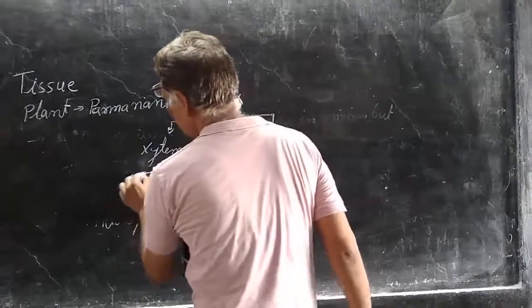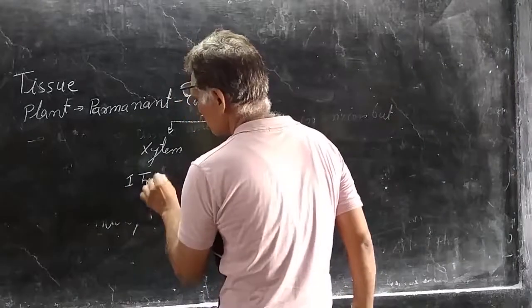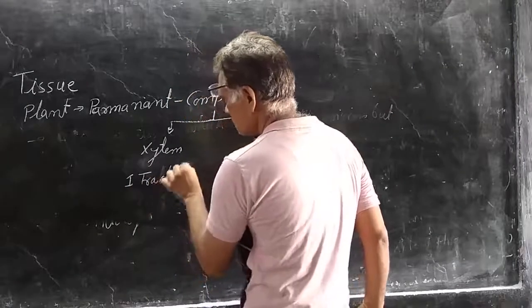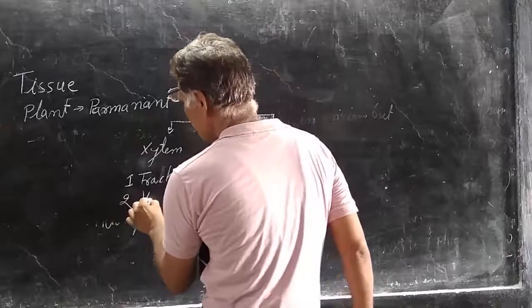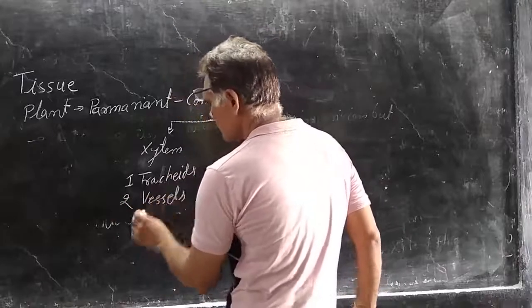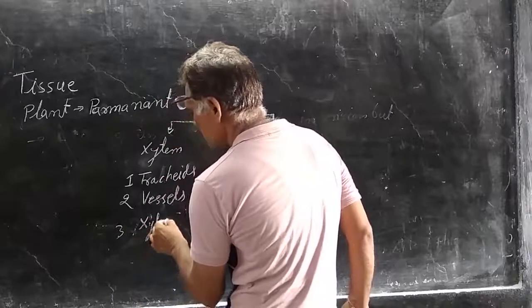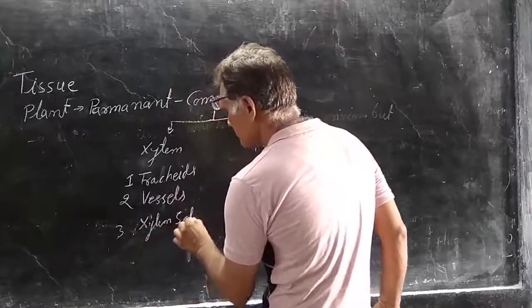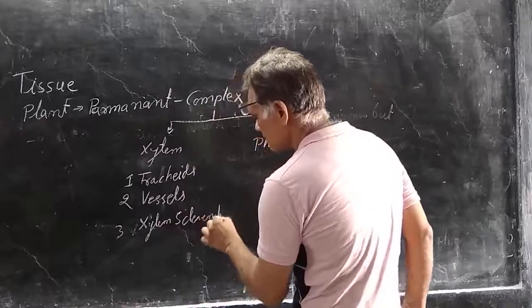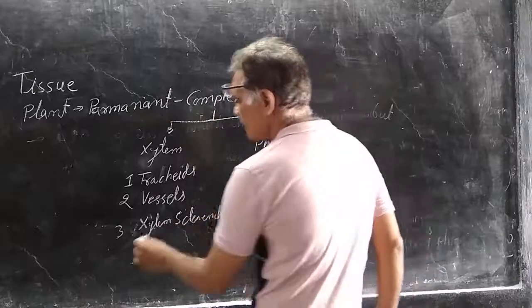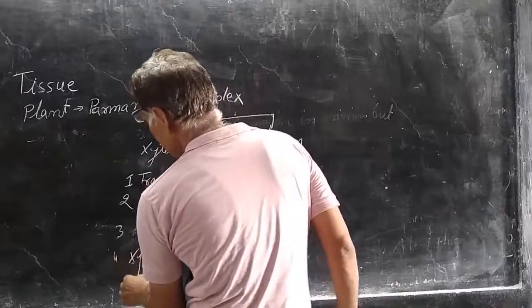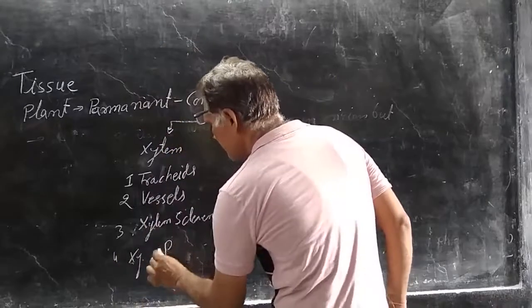One is tracheids, another is vessels, third one is xylem sclerenchyma, and fourth one is xylem parenchyma.